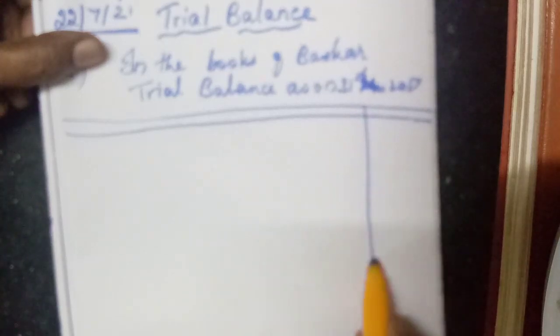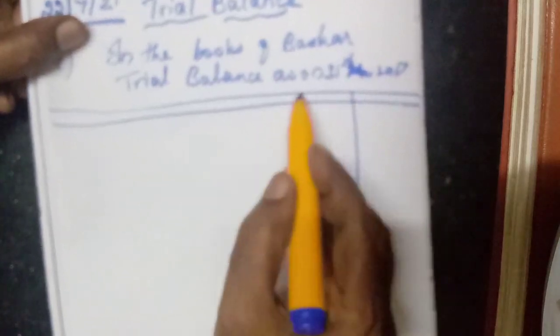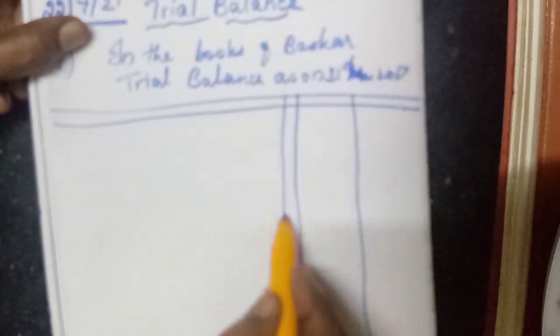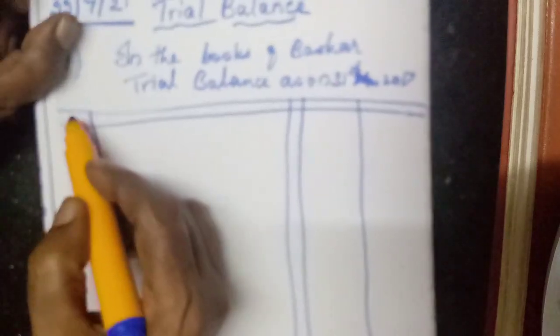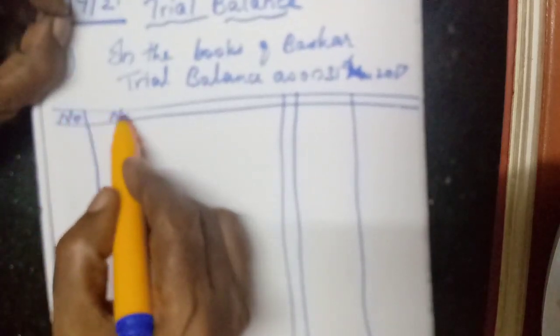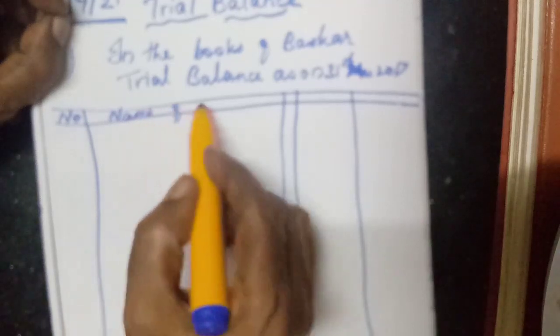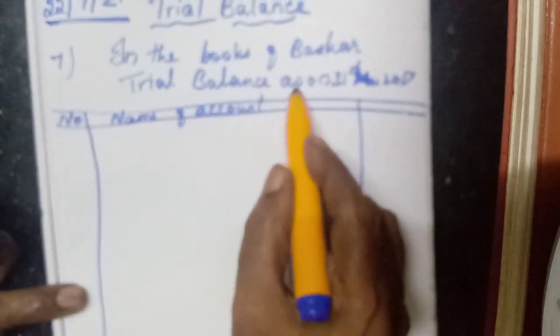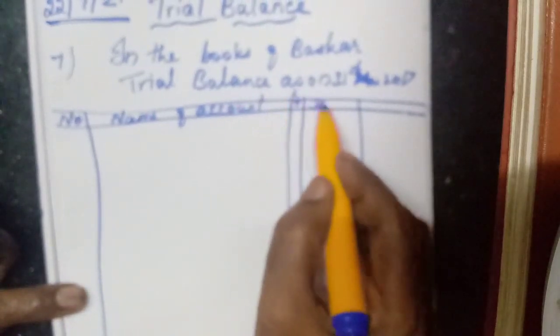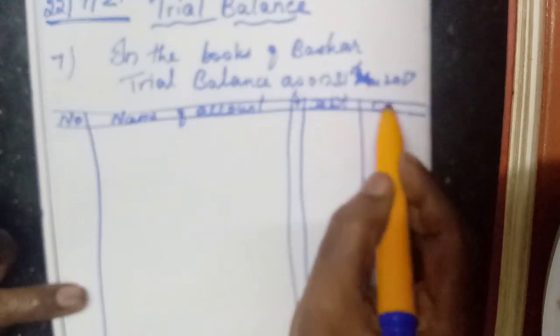Amount column, debit column, then LF, name of account, then number. LF, debit, credit.